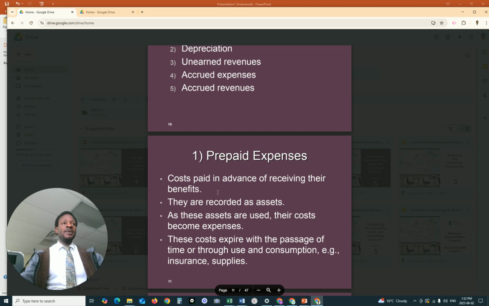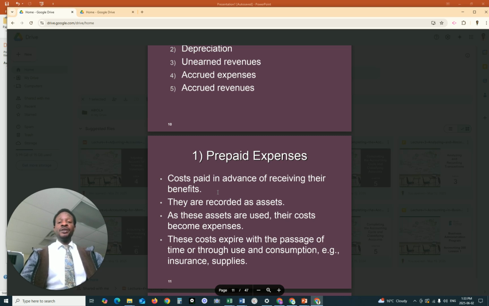Prepaid expenses are costs paid in advance of receiving their benefits. They are recorded as assets. As these assets are used, their costs become expenses. These costs expire with the passage of time or through use and consumption, e.g. insurance, supplies. So prepaid expenses are amounts or costs paid in advance prior to their usage.